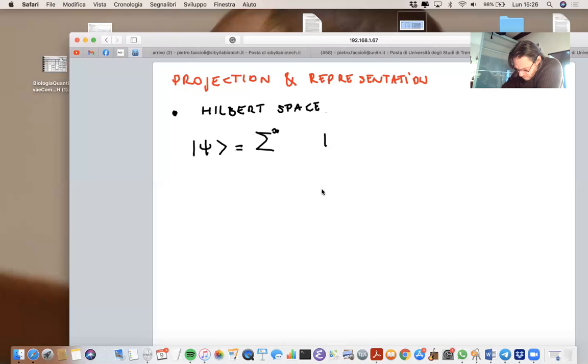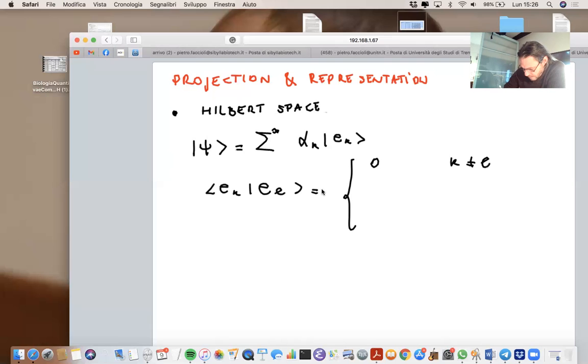Let me call it ek, to keep the notation as close to the classical counterpart as possible. We can write it this way, with coefficients. And of course, you want that ek dot el is 0 if k is not equal to l, and 1 if k is equal to l.